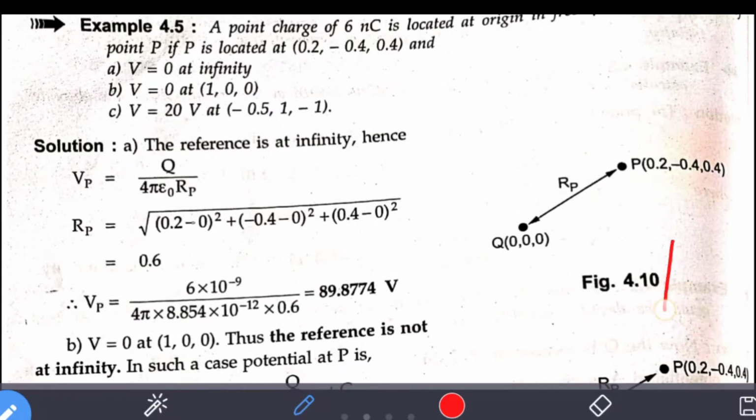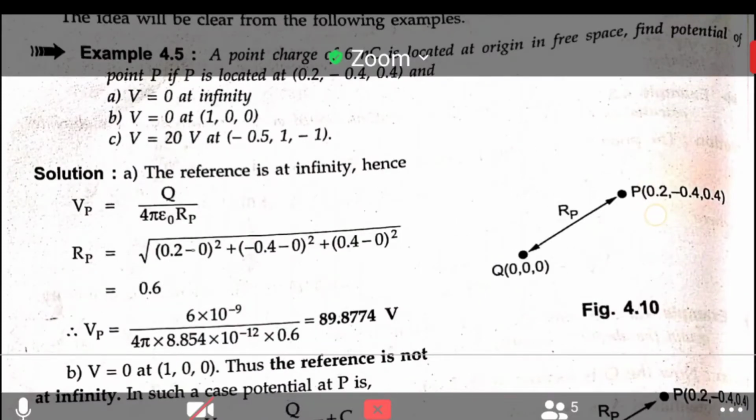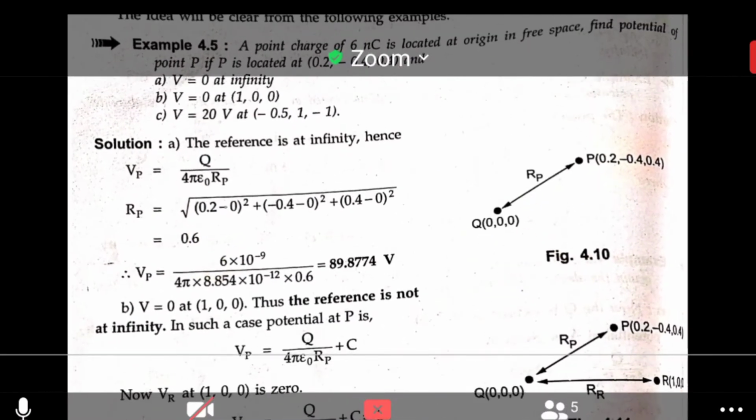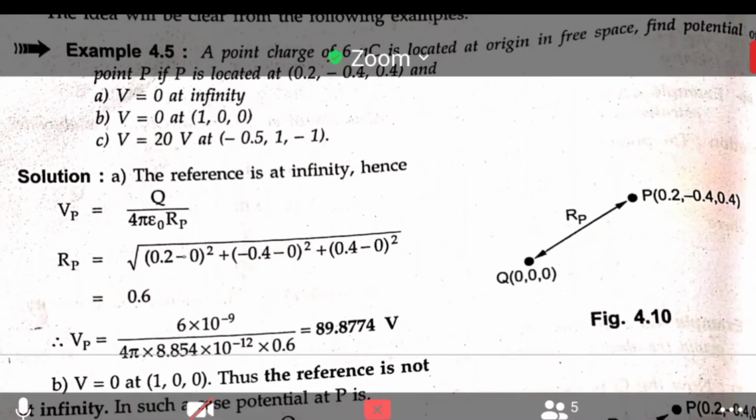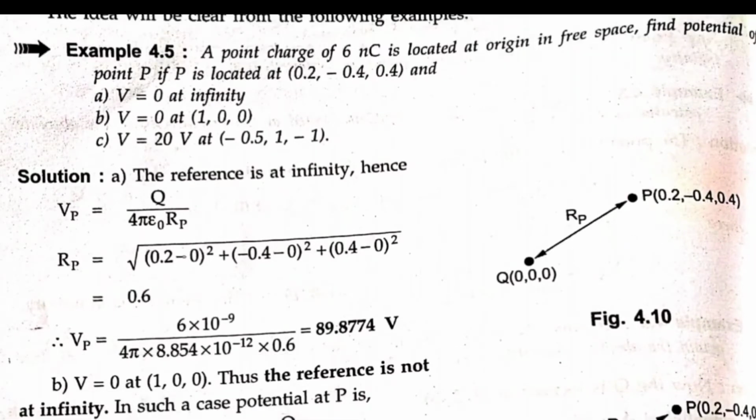What is given: a point charge of 6 nanocoulomb is located at the origin. First, V equal to 0 at infinity, we have to calculate.